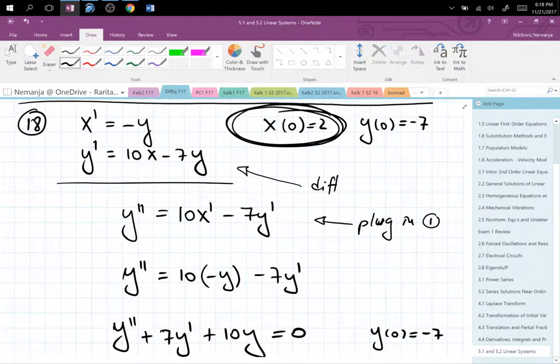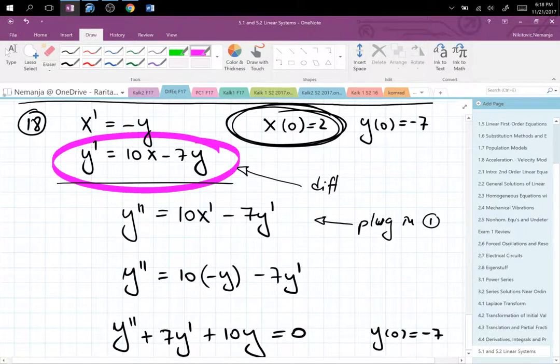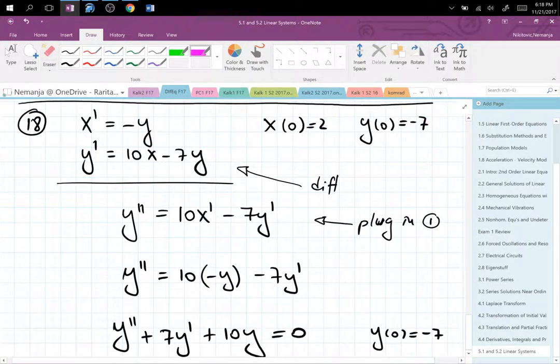Our equation on the bottom, clearly, is all in terms of y. So what do I do with that? You see this equation here? You take these two values, plug them into that equation, and you come up with a solution.